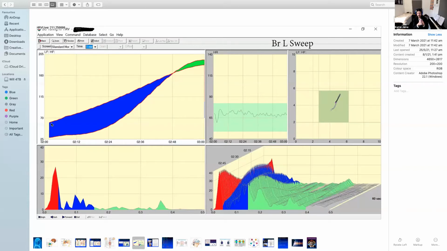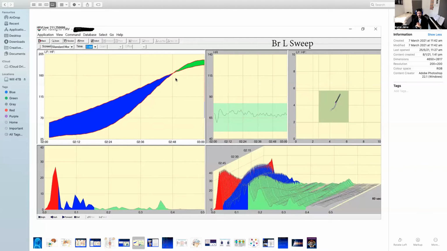And what that's doing is moving our nervous system with a sound wave to homeostasis, and homeostasis represents this crossover section here. So we're moving the nervous system towards homeostasis with the sound wave.